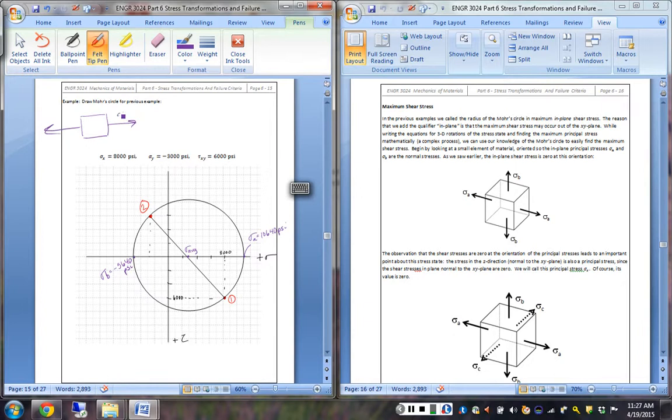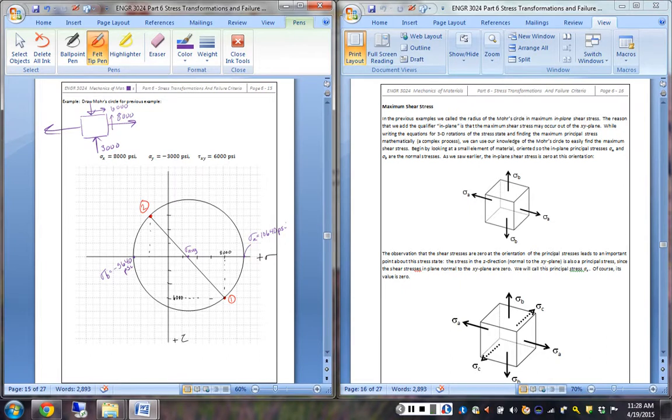So we have a plus 8,000, a compressive stress in the y direction of 3,000, and a positive shear of 6,000. That's how we've drawn our arbitrary stress states.